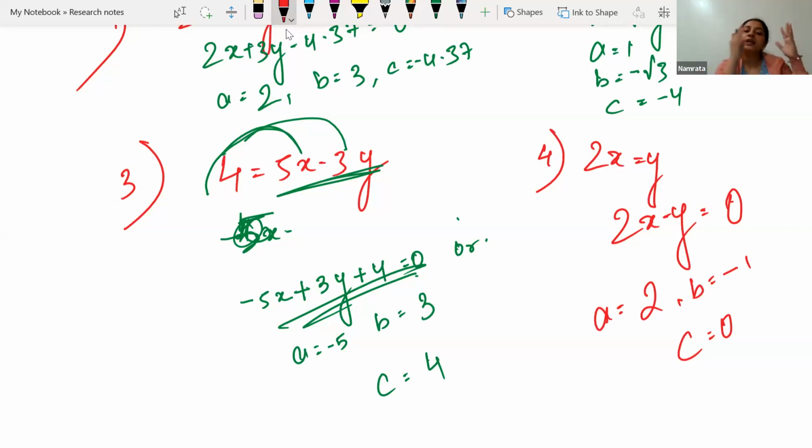The instruction will say to write it in the form ax plus by plus c equals 0, and hence find the values of a, b and c just by doing comparison. Let's move ahead.